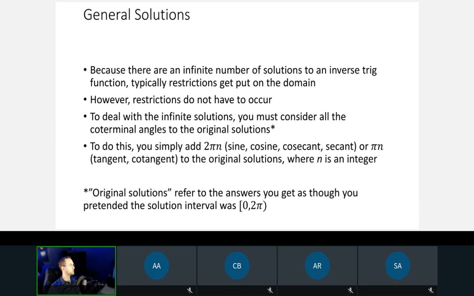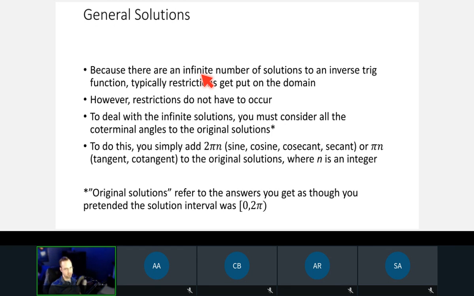All right, general solutions. So unit circles. We have an infinite number of solutions when talking about trig functions, because we learned about coterminal angles. You just keep doing the full rotation, whether it's pi or 2 pi or whatever the period may be. So that's why we have restrictions.